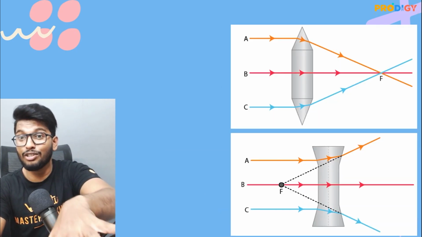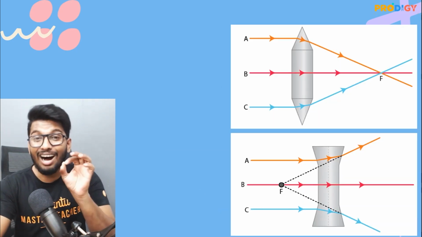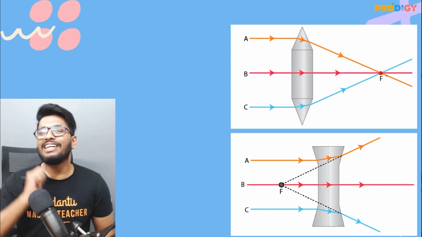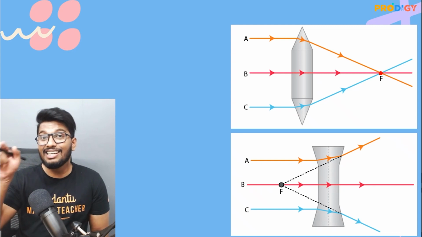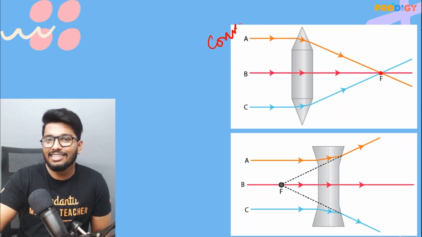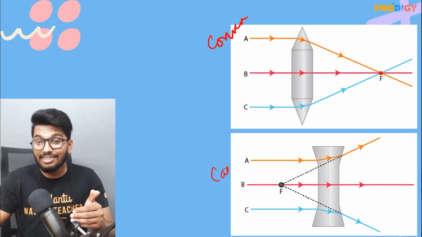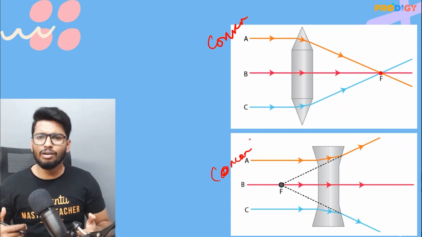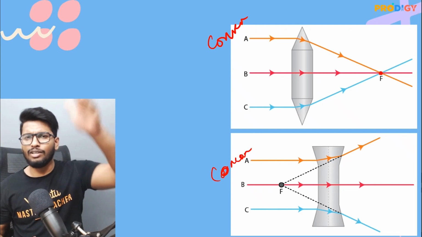Let me show you that. Look at that, guys. After refraction, these rays of light will end up meeting at the focus itself. That is for a convex lens. On the other hand, for a concave lens, these are two trapezoidal prisms, so after refraction, they're going to bend towards the base.